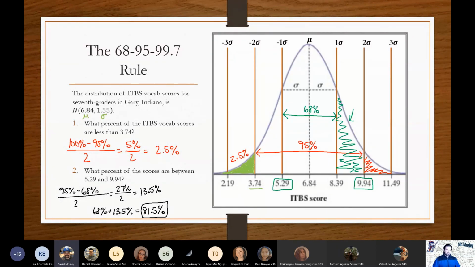Right? So there's a lot of value we can get out of the 68, 95, 99.7 rule because it allows us to chunk out this whole thing and know what percentages or what percentiles things fall into. What questions do you have, or what can I clarify, or what would you like to see again?